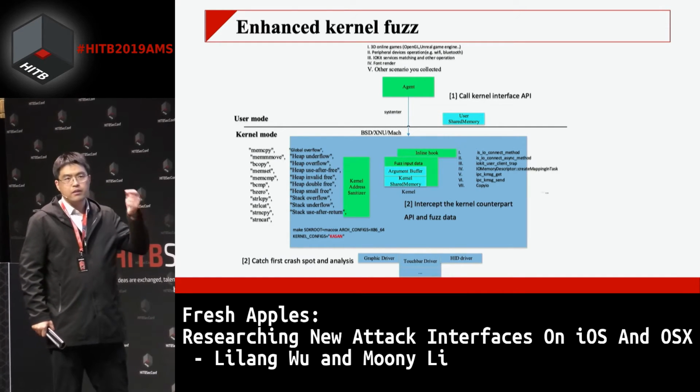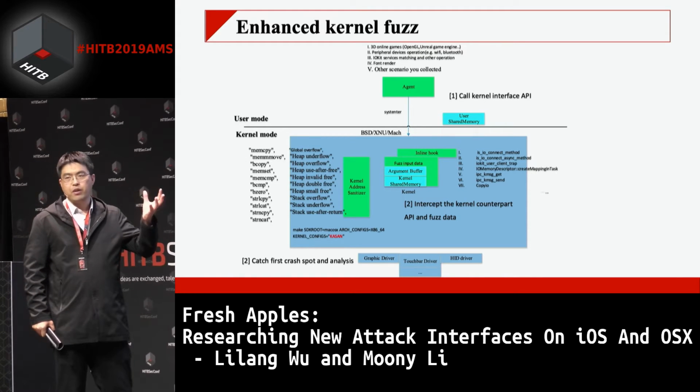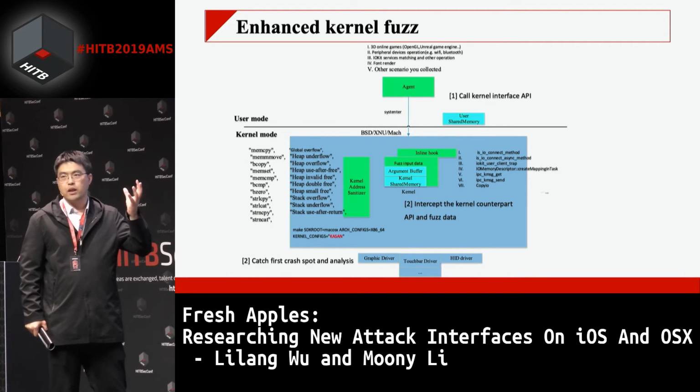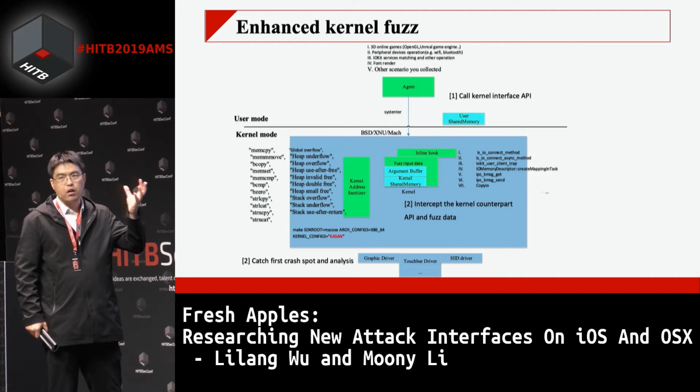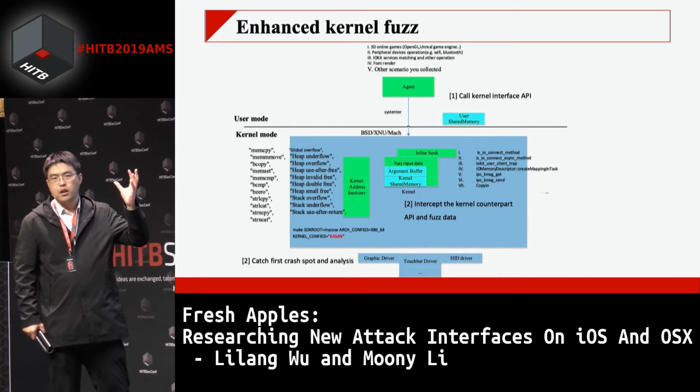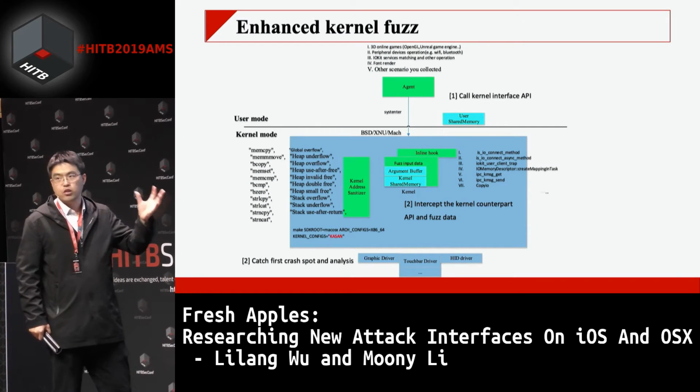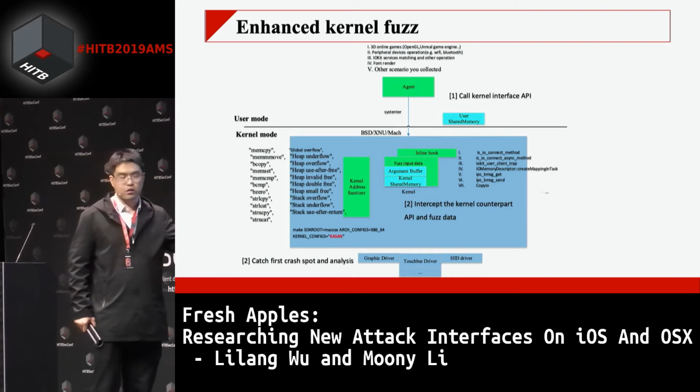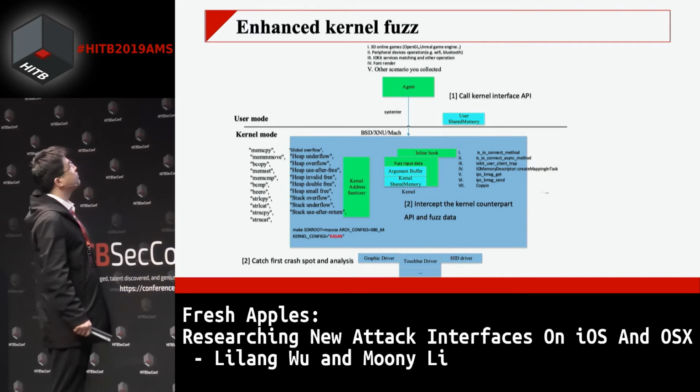What's more, this kind of buffer is only controlled from the user mode, so we can make sure that this kind of crash could be reproduced from the user, and not just blind fuzz.